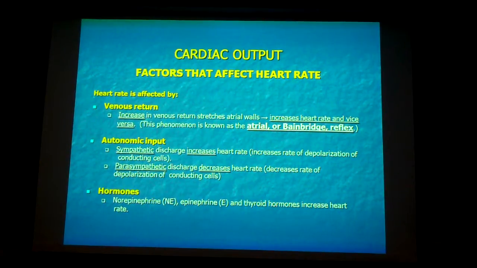When you get a higher volume of blood returning to the right atrium, that higher volume stretches the walls of the right atrium and initiates a reflex known as the atrial or Bainbridge reflex, which increases heart rate. So you get an automatic increase in the heart rate to accommodate that extra volume of blood.